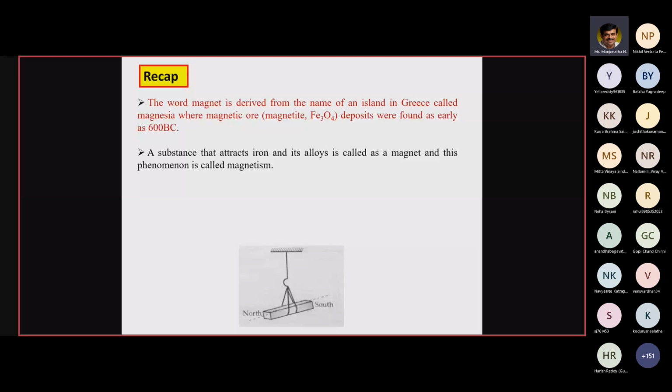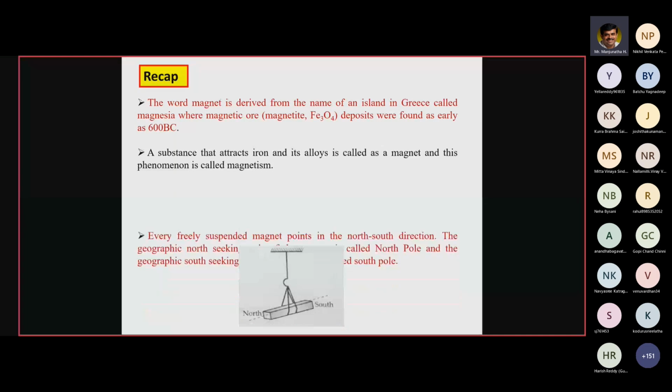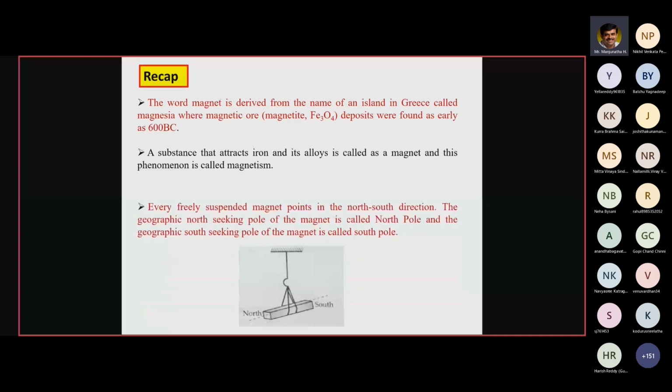Initially they did not know the reason for that. So the side of the stone facing geographical north, they called the north pole, and the one towards geographical south, they called the south pole. This was the basic explanation, because they didn't know why it was standing that way.